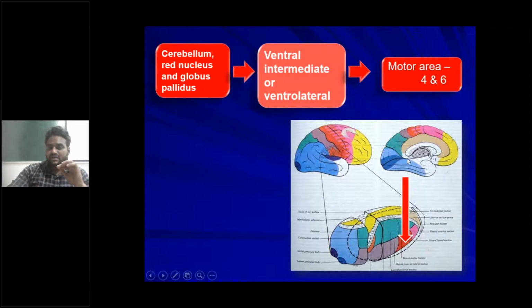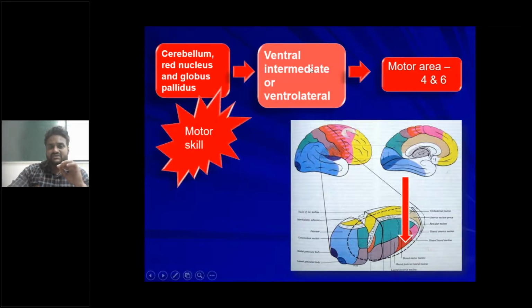The main function of this nucleus is motor skills, coordination of movements between the muscles at the joints. That means skillful movements of the joints, or coordination of movements. That is the function of this nucleus. This is the ventral intermediate or ventrolateral nucleus.